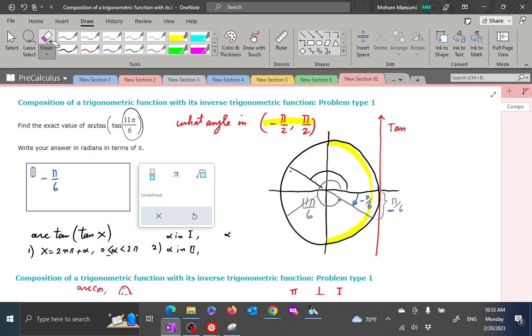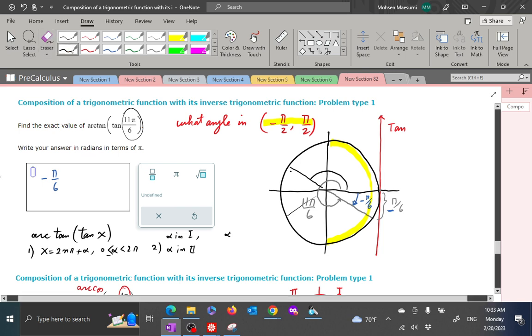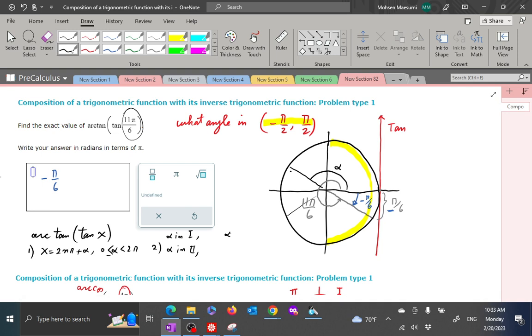If alpha is just in quadrant 2, so let's try considering here's an alpha, say in quadrant 2. What angle in this yellow range has the same tangent? Well, we have to come to this side. So for example, if this alpha was 120 degrees, well, how much is left here? We say, well, 60 degrees left.